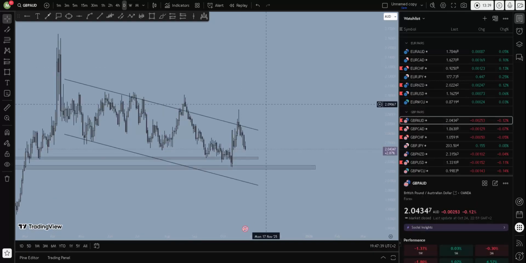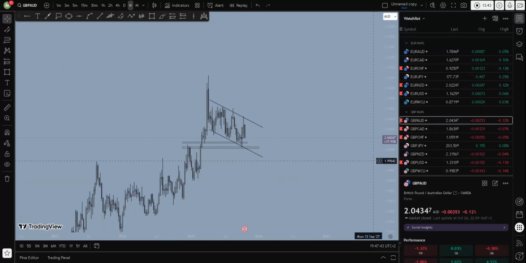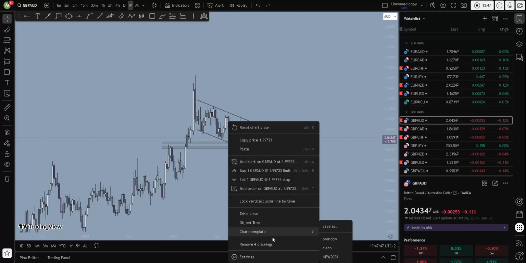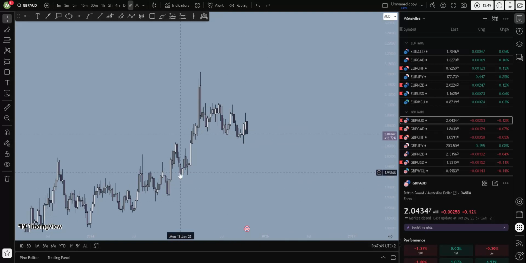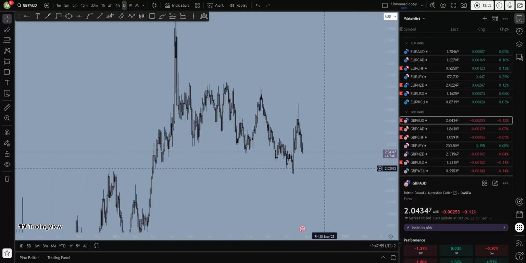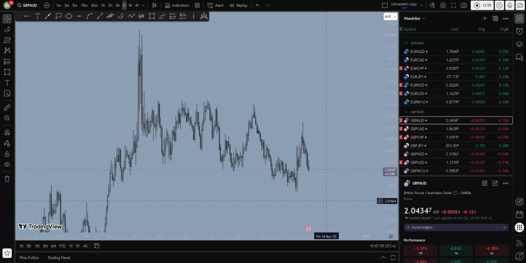Okay, I'm gonna fly through the next ones. Pound Australian dollar. This one is a bit tricky as a support.